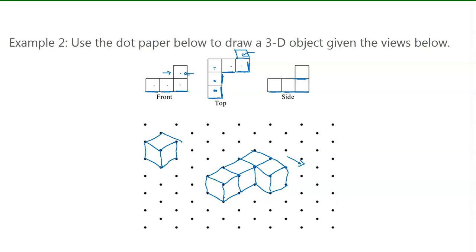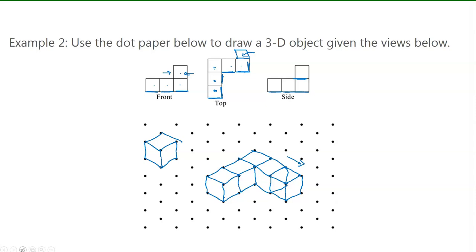So now I'm going to continue to draw another block next to that. So again, there are some lines in this diagram that wouldn't actually show up.